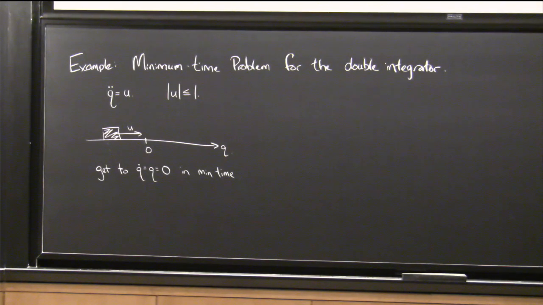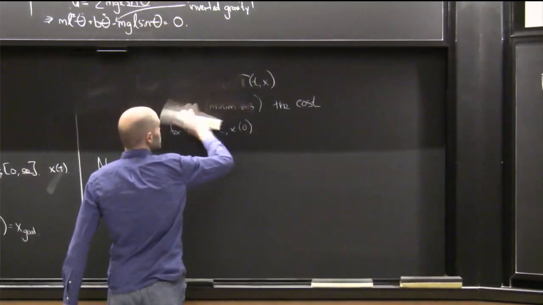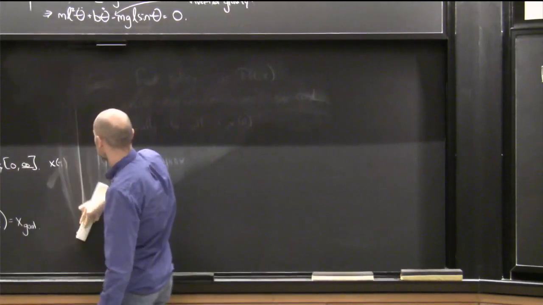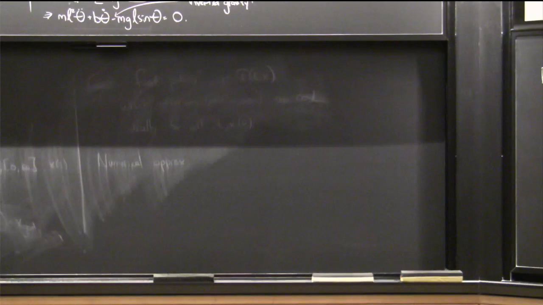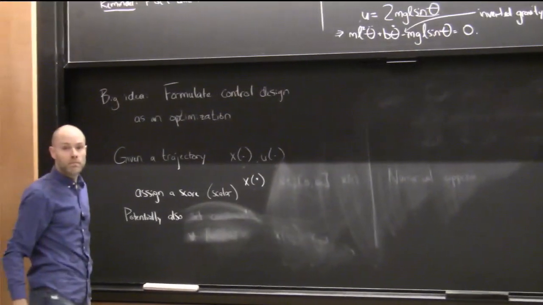So what do you think the optimal policy for that's going to be? If you're driving along, you're in some particular state that is not the origin, what do you do to get to the origin as fast as possible? Yeah? Accelerate, decelerate as far as you can.